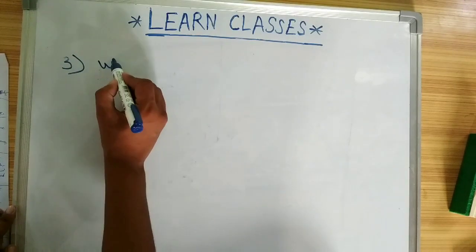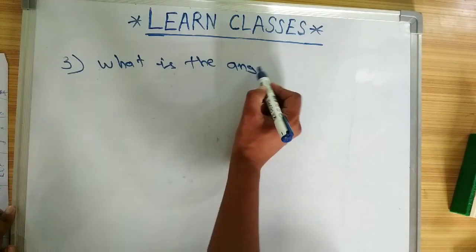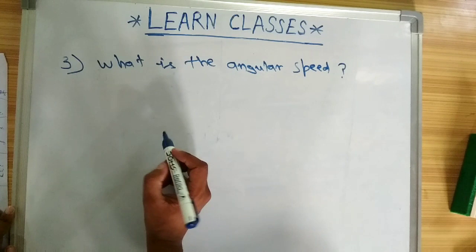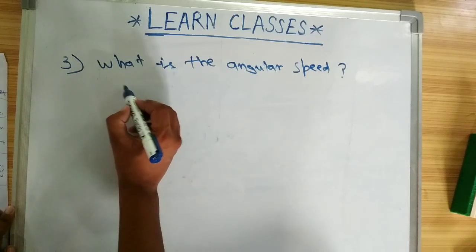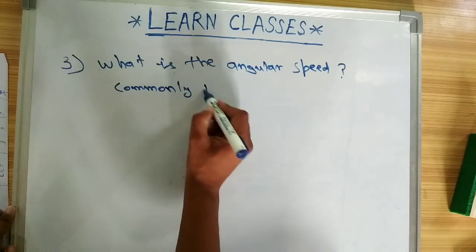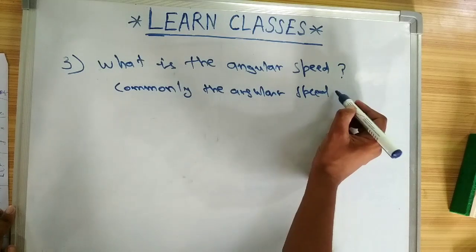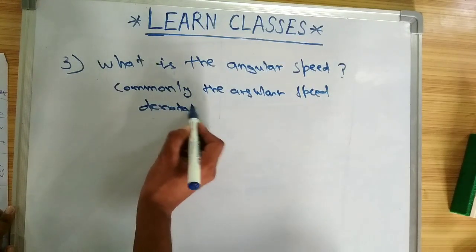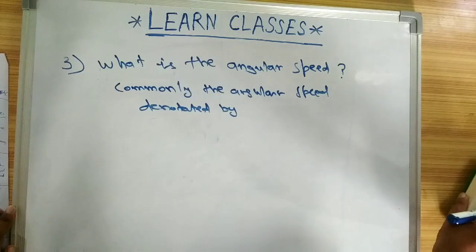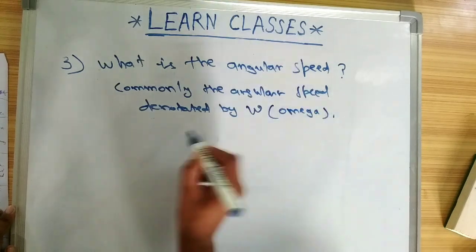What is angular speed? Commonly, angular speed is denoted by omega.